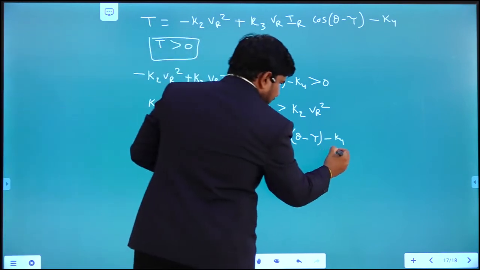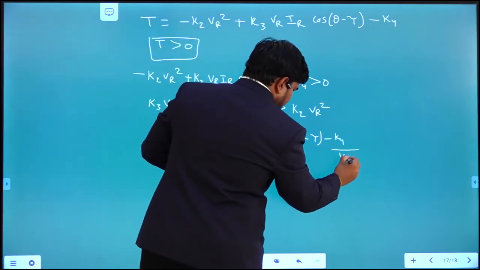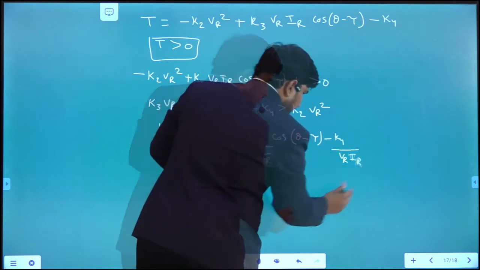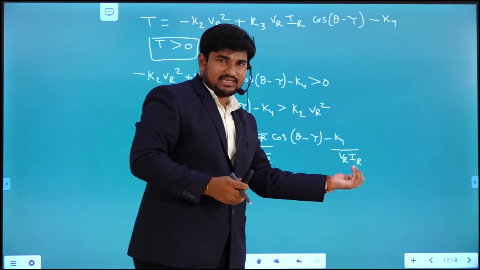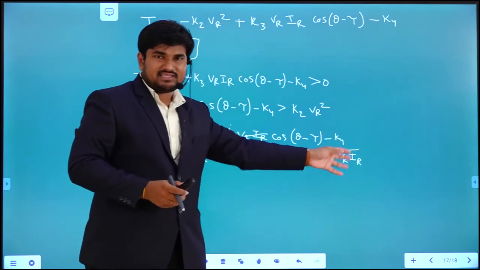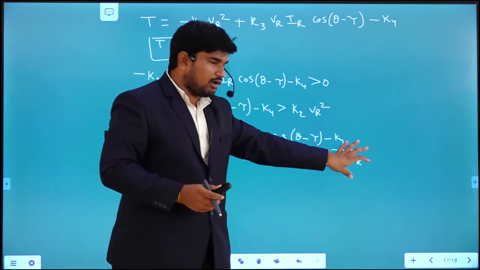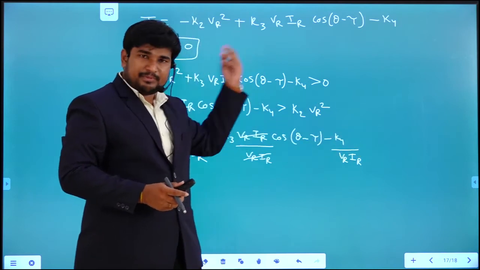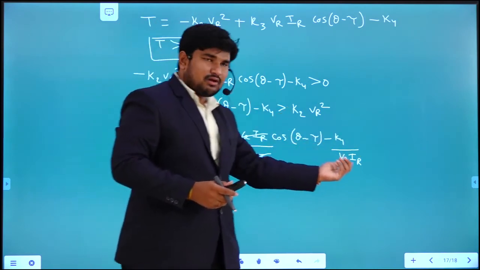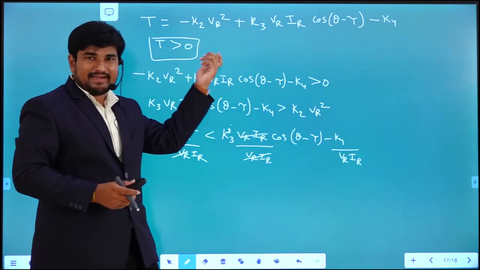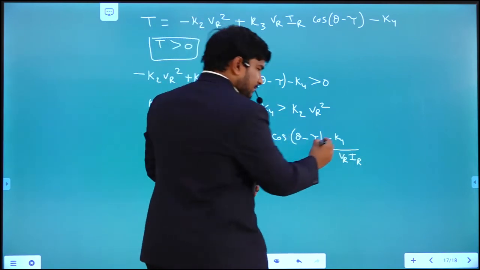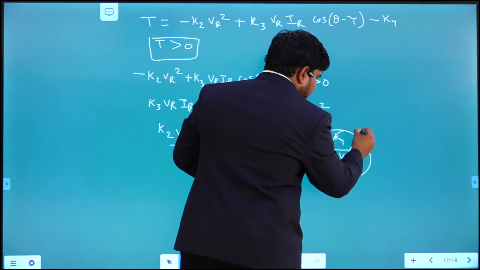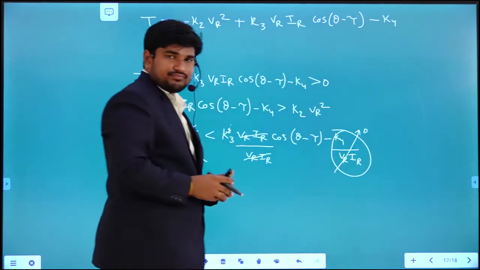Let us observe here, the voltage and current quantities are dividing this spring constant. From previous discussions, for fault operating conditions, K4 is neglected, right? Same here also, the K4 term will be neglected.